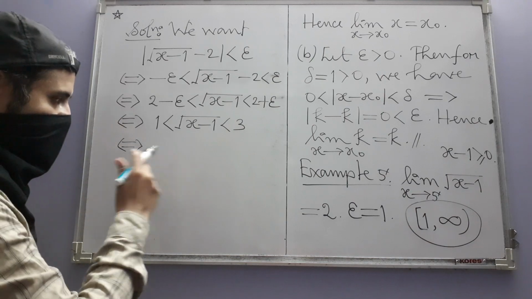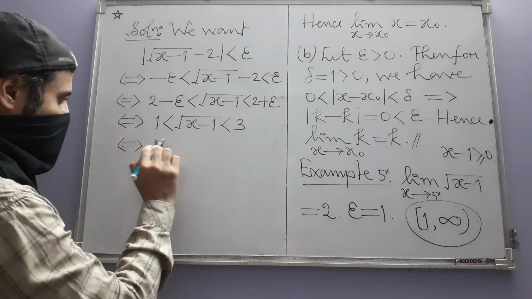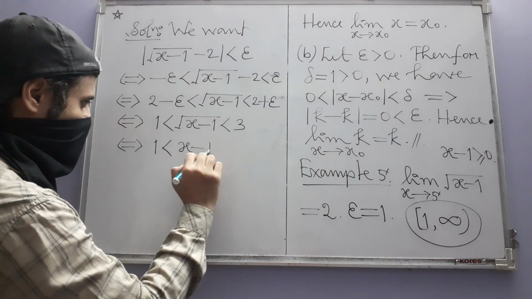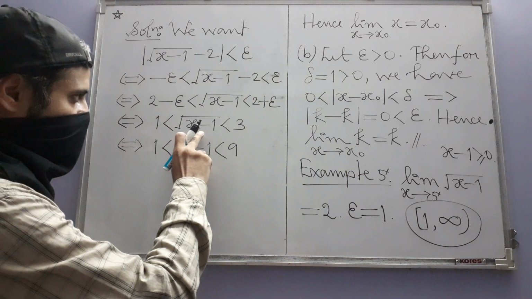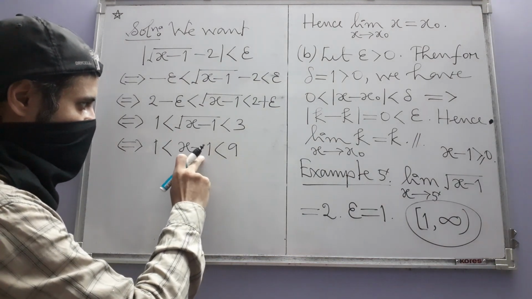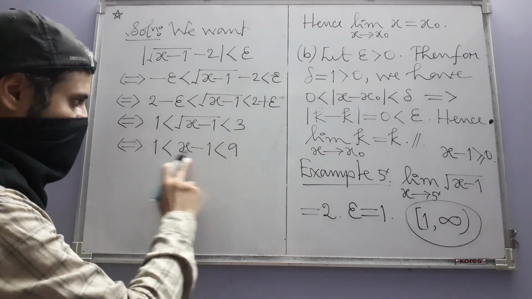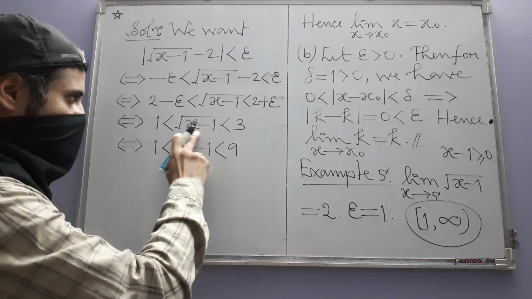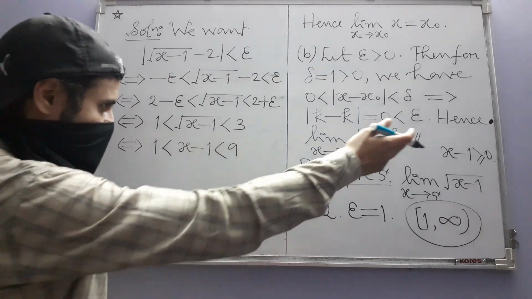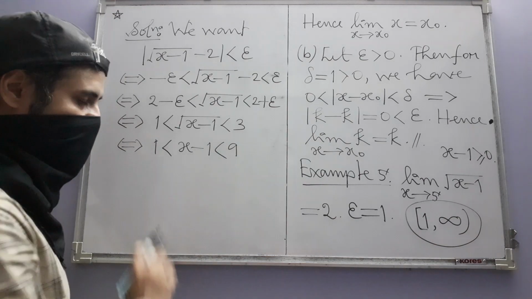Now let us just take squares throughout, and we will afterwards see what we have done. Is it okay to come from these inequalities to these inequalities? Yes, because all the things that you see here are non-negative real numbers. Even the x minus 1 under the radical is also non-negative. So squaring will preserve the inequalities.